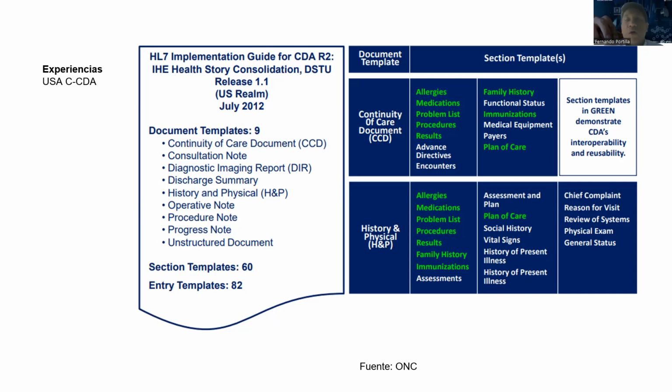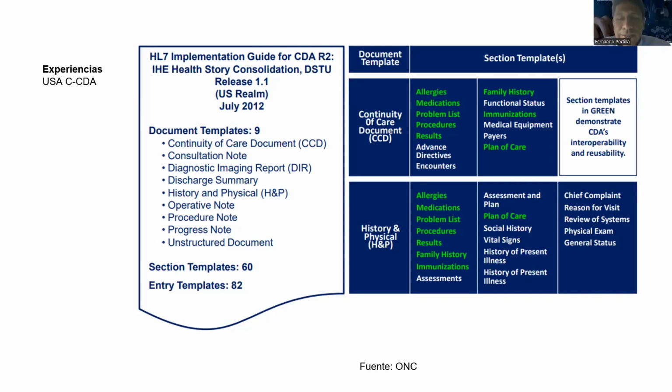But as a summary, they defined that it was important to include other additional documents. And those documents started being standardized in a specification called CCDA. So it includes CCD, which we already know where it comes from. It's part of the ASTM and CDA, and it includes additional documents.